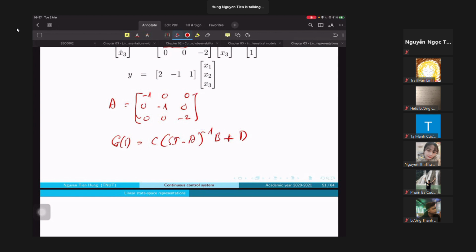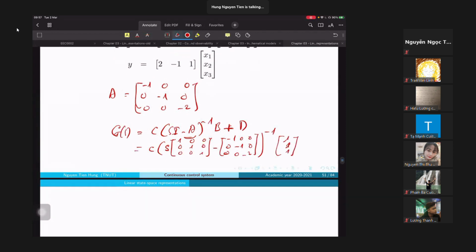Here, I is an identity matrix, so we got 1, 0, 0, 0, 1, 0, 0, 0, 1. Minus A, in this case, A is minus 1, 0, 0, 0, minus 1, 0, 0, 0, minus 2, and inverse. B, in this case, is 1, 1, 1.